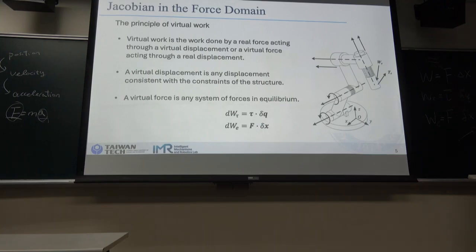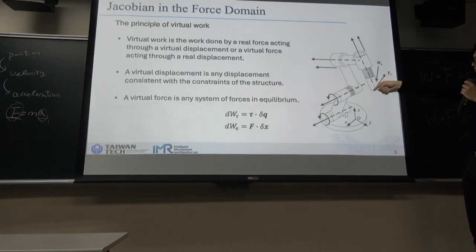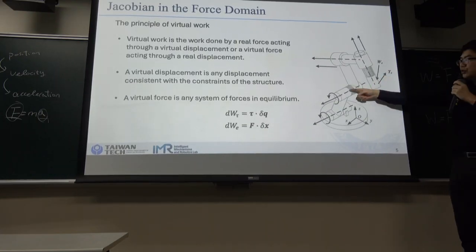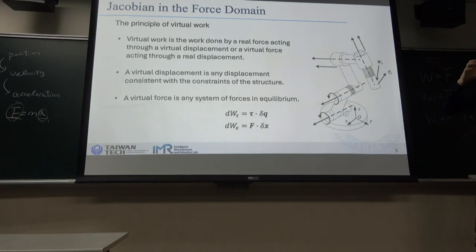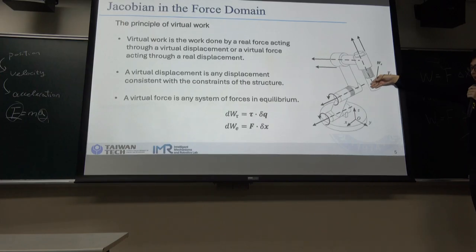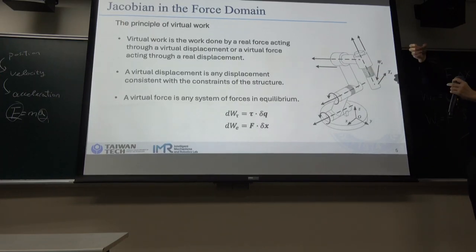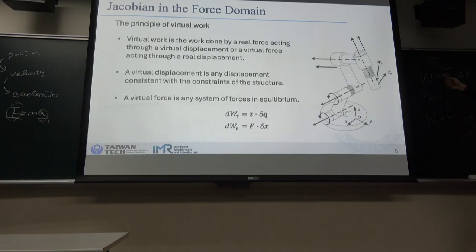So if we see it together, if there's a manipulator, external force is applied on the end effector, and all the joints need to resist this deformation. So they use the torque, and this is the deformation. So these two will be equal. Is it okay? Because when you apply a force on the end effector, the whole robot will be deformed, and the torque on each joint is used to resist this deformation.